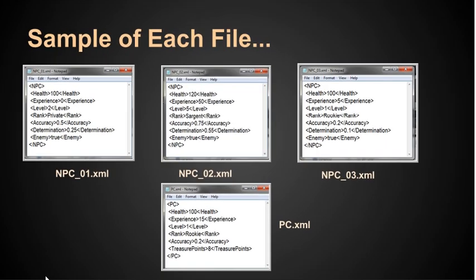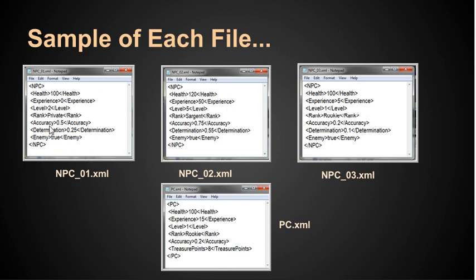Here's a suggestion of what the inside of each of the files should look like. My suggestion is to copy what you see here so that we can have the same kind of data as we go through the exercise of designing this game logic.